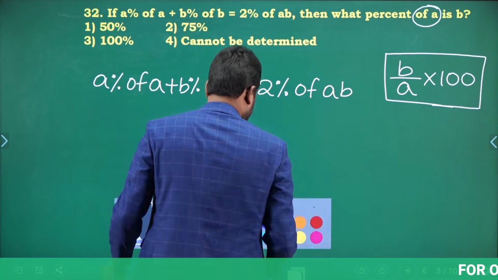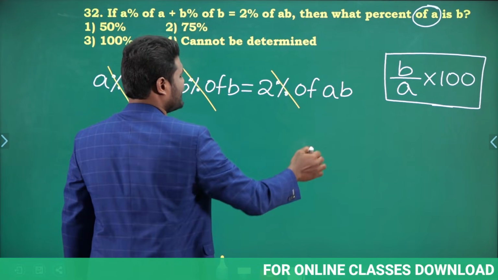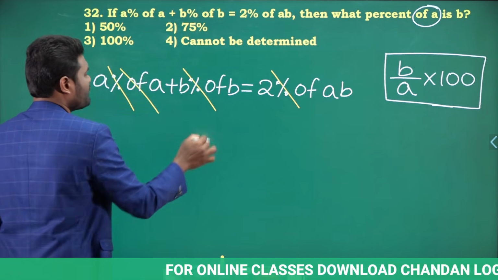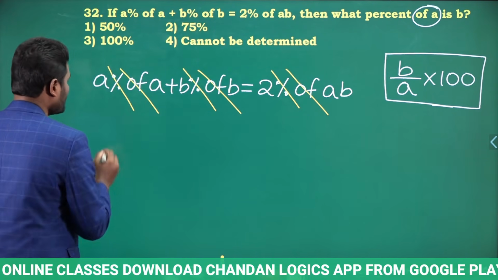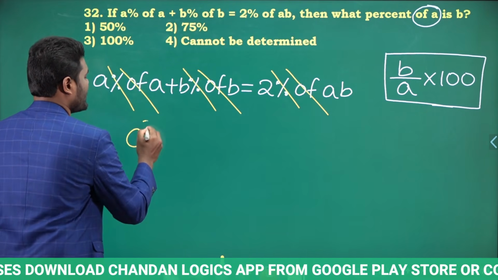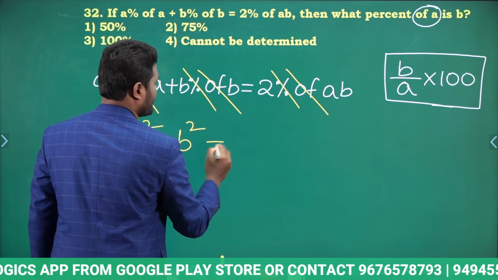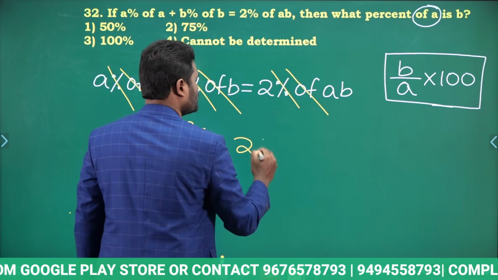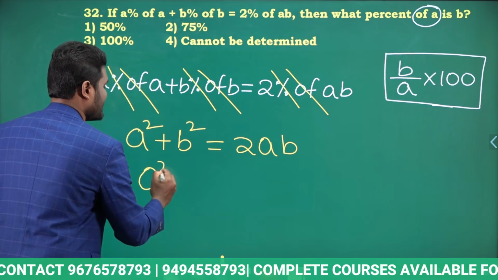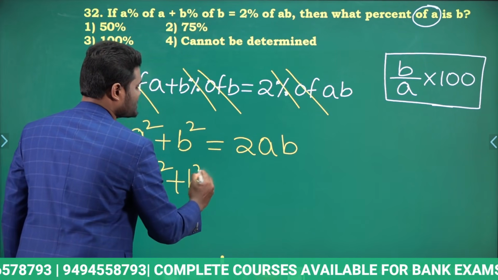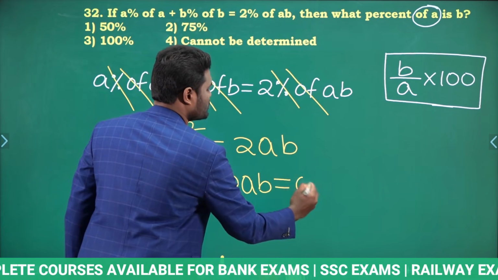Yes or no? If you observe here, percentage gets cancelled, "of" gets cancelled, then finally you are left with A into A, that is A square, plus B into B, that is B square, is equal to 2AB. Yes or no? Now can I say it as A square plus B square minus 2AB equal to 0.